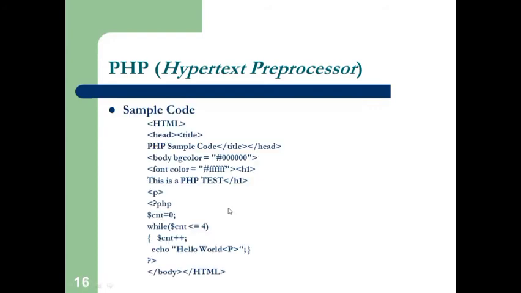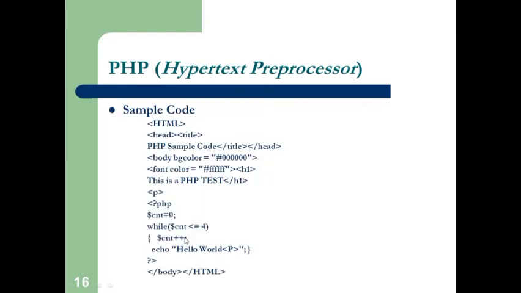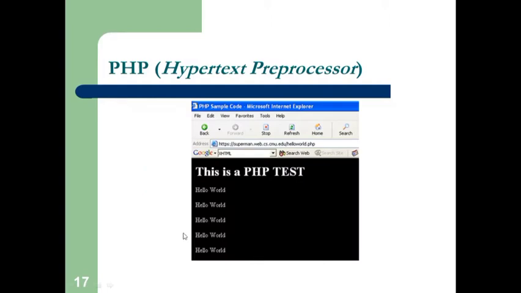Okay, then it will again add 1 to the 1, which means the count value will become 2, which is still less than 4. It again prints hello world, where the value of the count is 2. Okay, then again it adds 1, the count value will be 3, which is still less than 4. It again prints hello world for the fourth time.